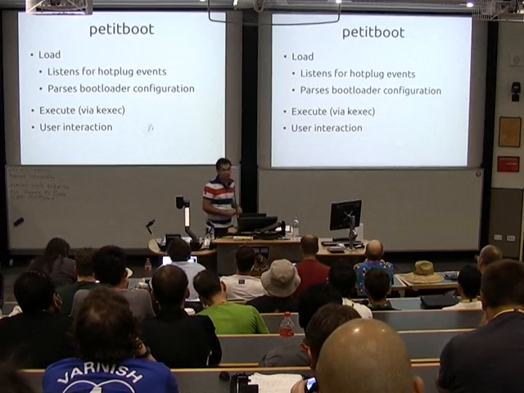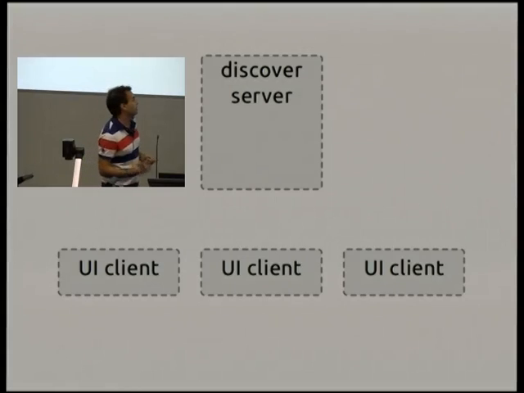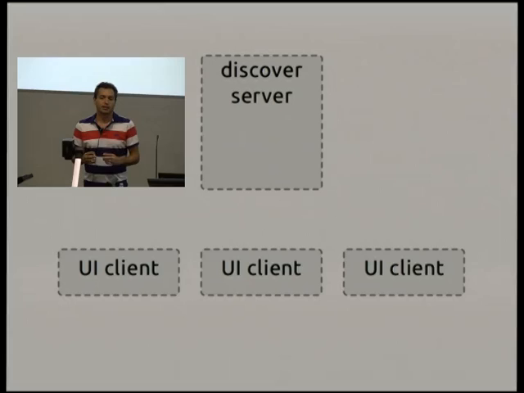So the structure of Petitboot, everyone likes diagrams, is a really lightweight client-server kind of thing. We just talk over a single socket. We have this Discover server, which is responsible for receiving the notifications of new devices and collating all that, acting as basically a database of the boot options that are available on the machine.